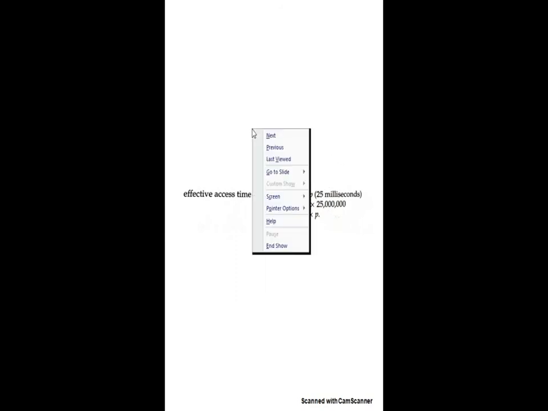Now remember, here this is this value. It is in nanoseconds, and this is in milliseconds. So I have to convert this milliseconds into nanoseconds. How? So 1 milli is 10 to the power of minus 3. Okay. So this is 25 milli.